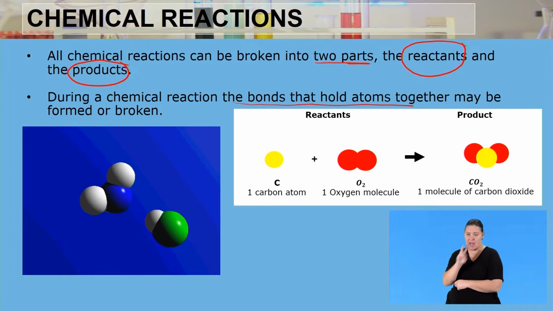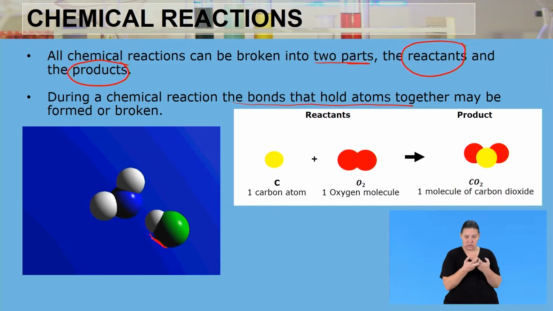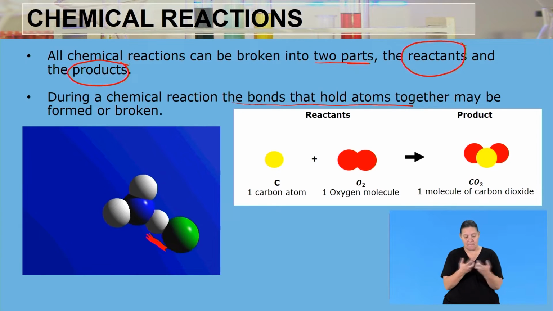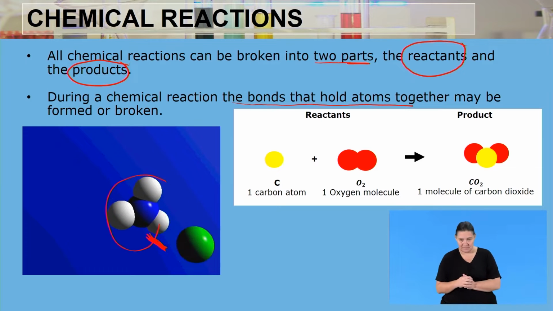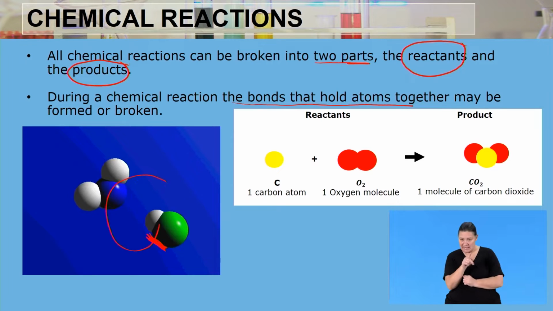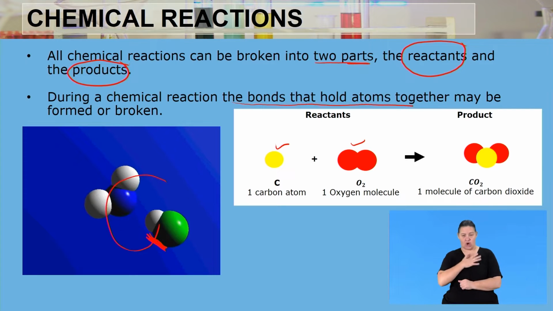As we can see on this picture here, we have two reactants, and the bonds of the existing molecule are breaking and new bonds are forming. On this one, we have one atom of carbon and one oxygen molecule.